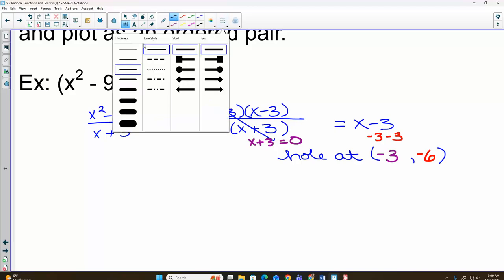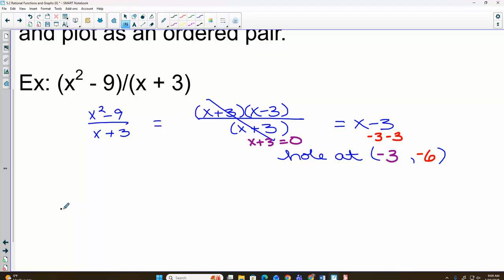What that does is if you were actually going to draw this graph at negative 3, negative 6, we get a hole or an open circle. Everything else is graphed like normal. I mean, this one, x minus 3, is just a line.